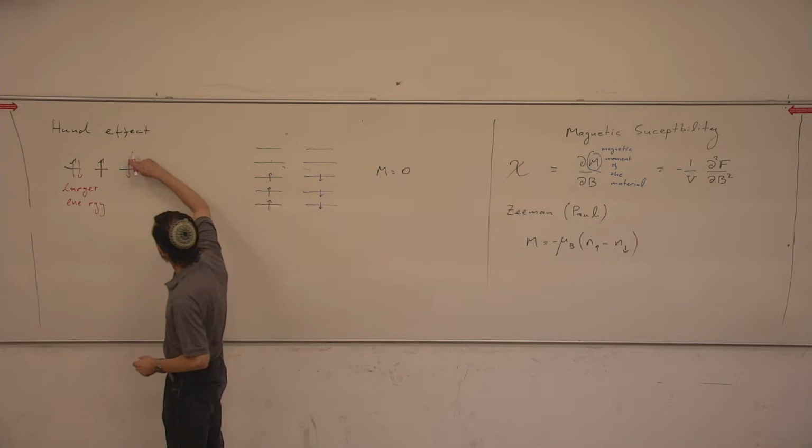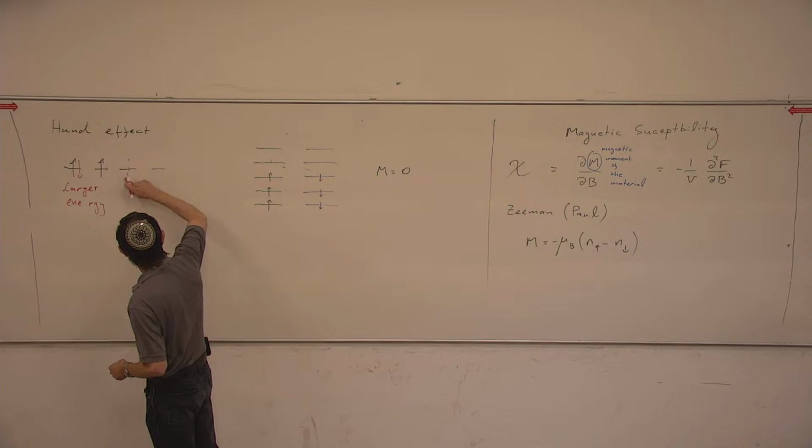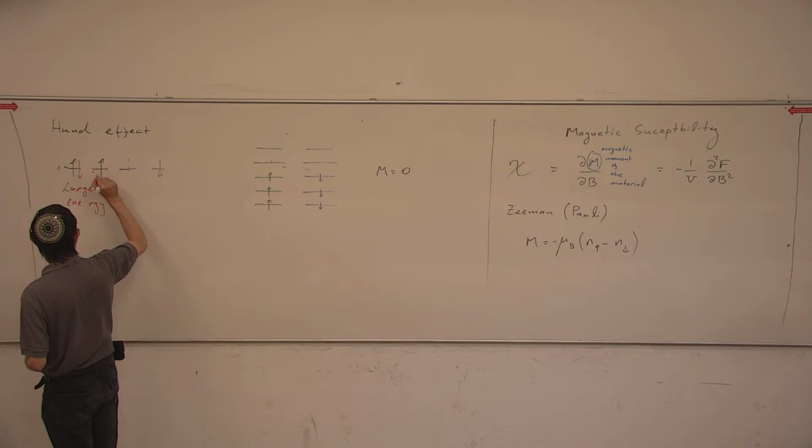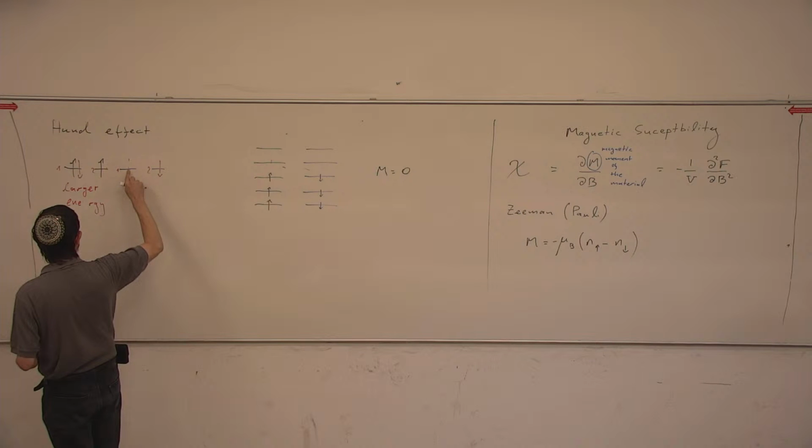Well, actually, let's write down the states. If this is state 1 and this is state 2, this is state 1 and this is state 2.